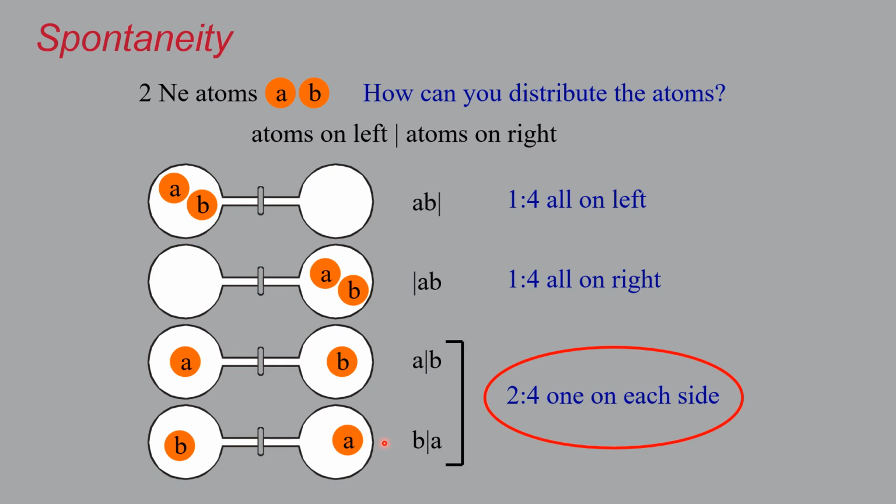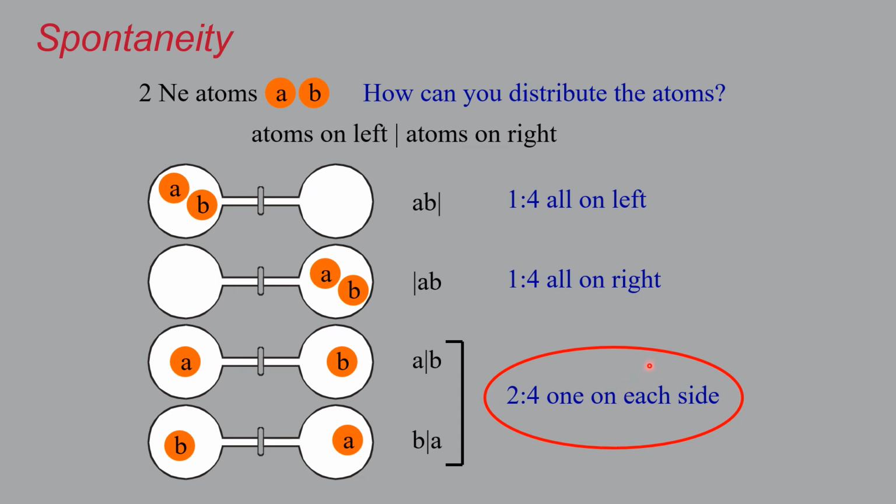You are simply much, much more likely to see that. And that's actually it. The reason why it seems to spontaneously go from this or this to one of these is simply because you have a greater chance of observing these two.